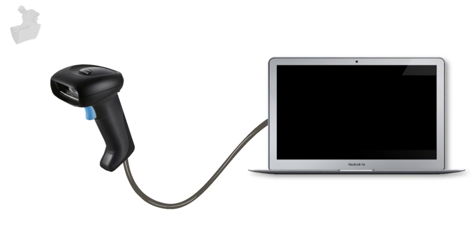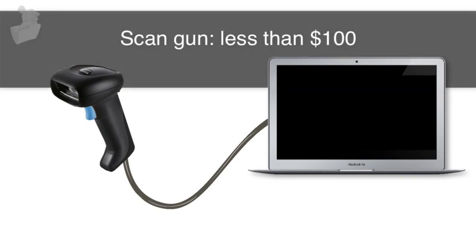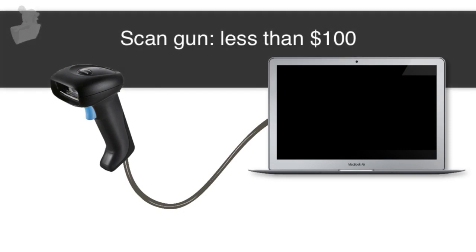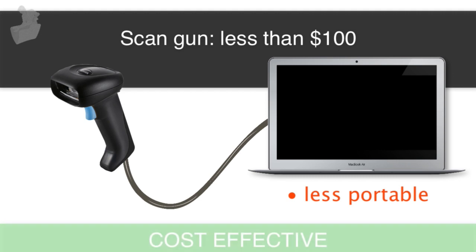The USB scan guns are pretty inexpensive, typically less than $100, but the potential downside here is that the laptop USB scan gun combo is not necessarily the most portable option because you have the laptop tethered with the USB scan gun. Of course, this is a pretty cost-effective solution because most people are already going to have laptops, and a scan gun that's less than $100 is generally going to fit in most people's budgets.